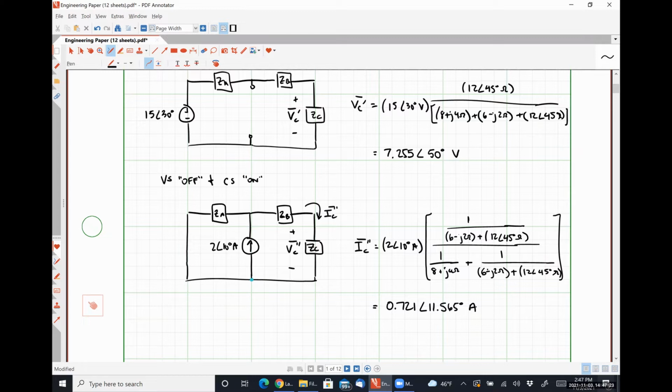Obviously, if we had done source transformation and then voltage division, we would have gotten the exact same result. We're not going to do it, but how many of you remember how to do a source transformation? What would we do? Okay, so the current source in parallel with an impedance is electrically equivalent to a voltage source in series with an impedance.